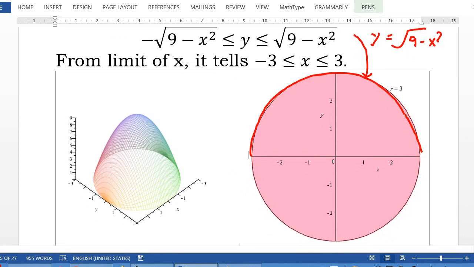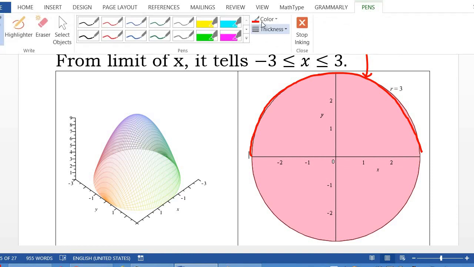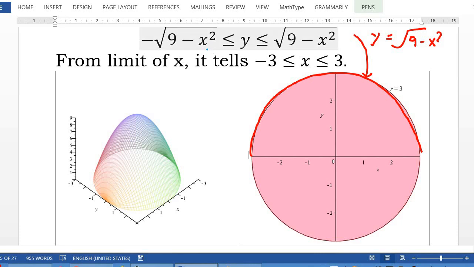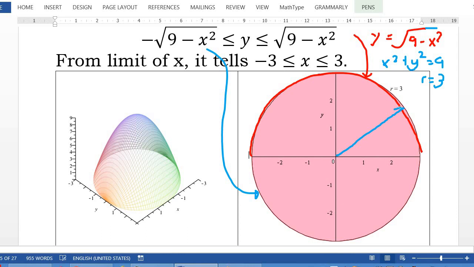If you square y equal to positive or negative root of 9 minus x squared, you will get x squared plus y squared equal to 9, which gives r equal to 3. So r from 0 to 3 here.